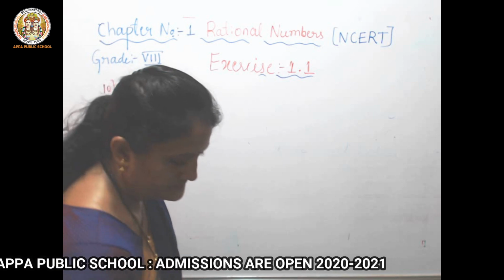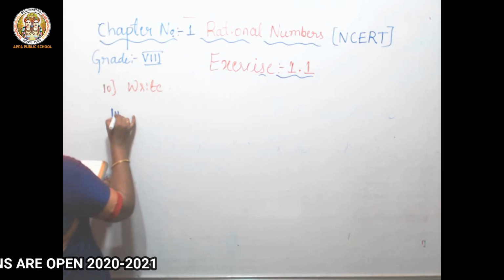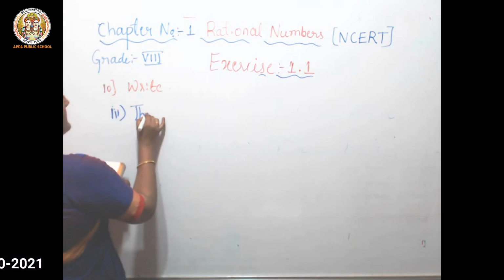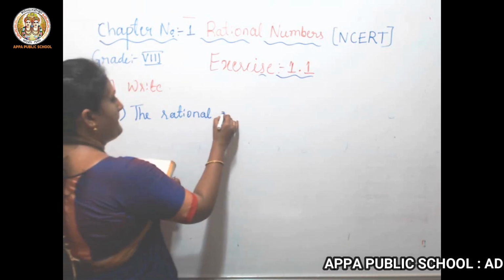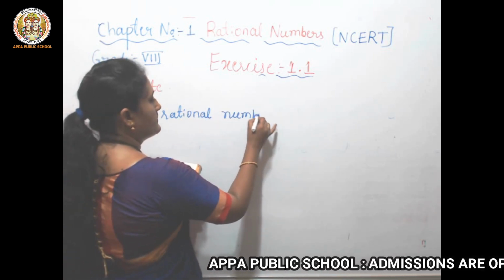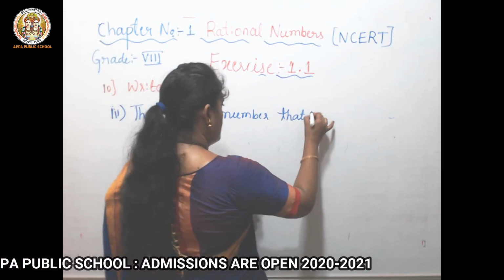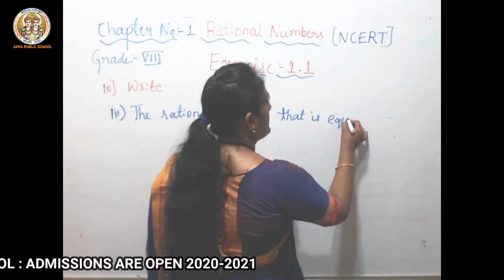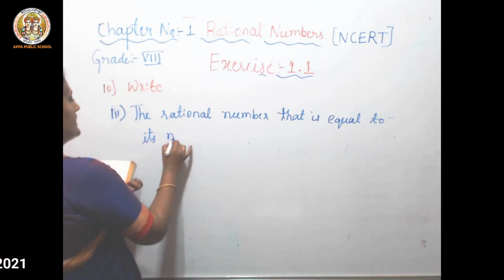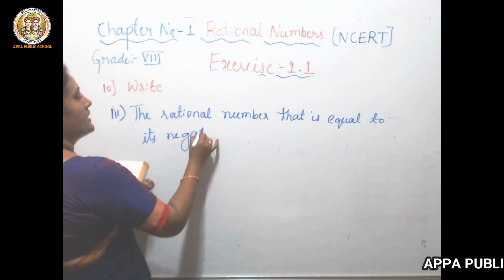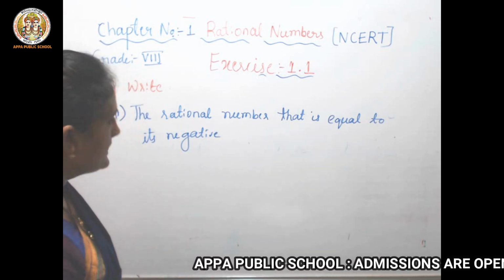Third one: the rational number that is equal to its negative. We have to write that rational number that should be equal to the negative of itself, isn't it?